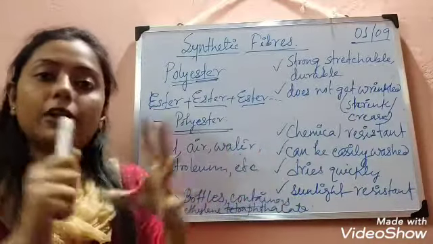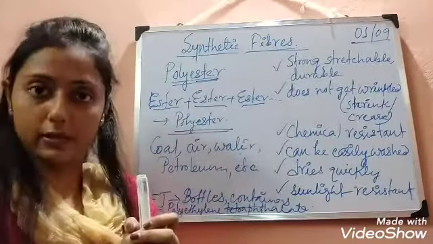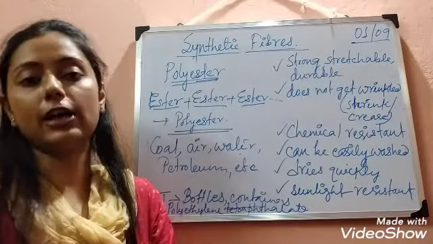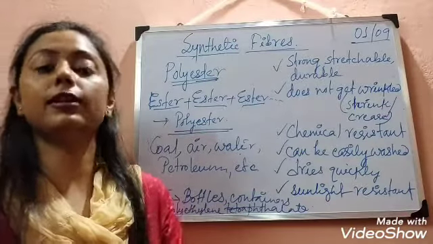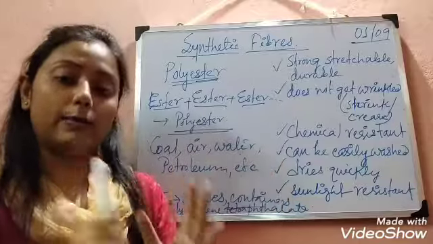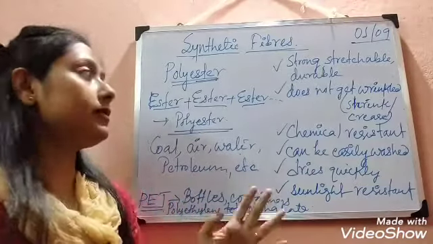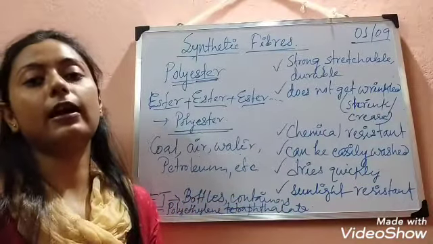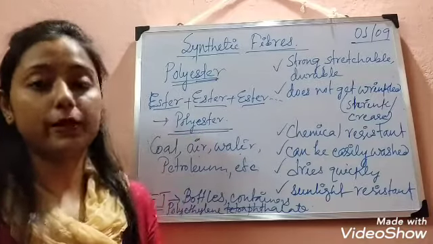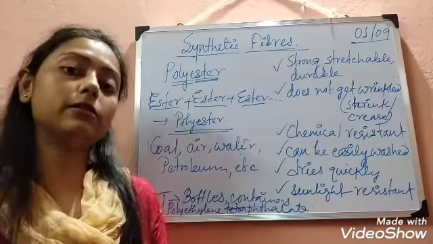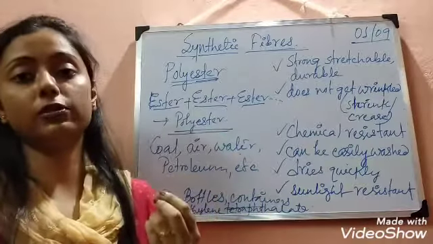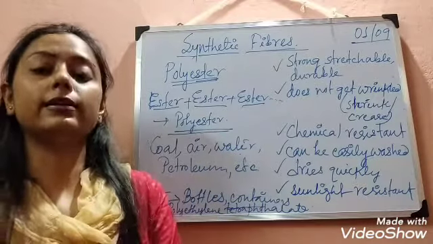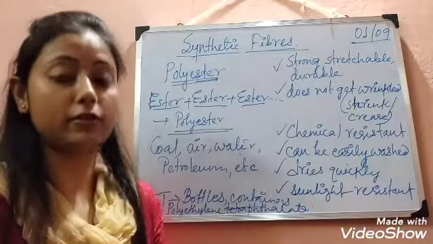If we crush polyester in our hand, after some time there is no wrinkle, no shrinkage and no crease. This is very useful to make upholstery, carpets, garments, and medical surgical sutures, that means the stitches used in operations or surgeries.